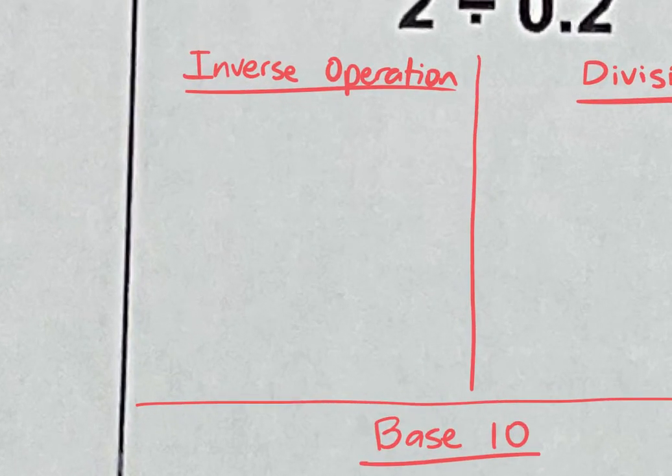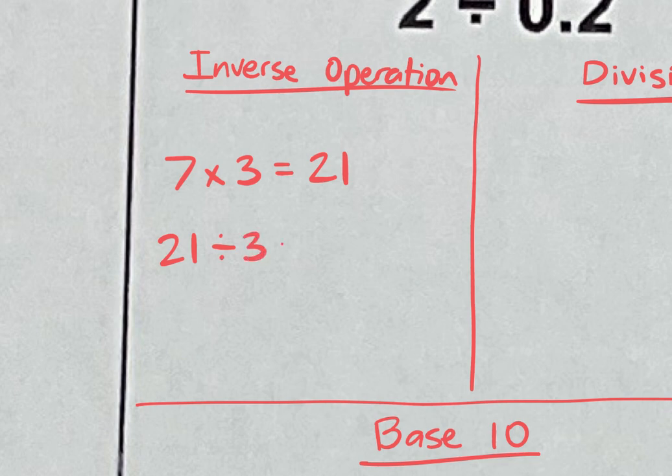The inverse operation of division is multiplication, right? Because they undo each other. If I have 7 times 3 equals 21, then 21 divided by 3 brings me back to 7, right? They are inverse operations. They undo each other.